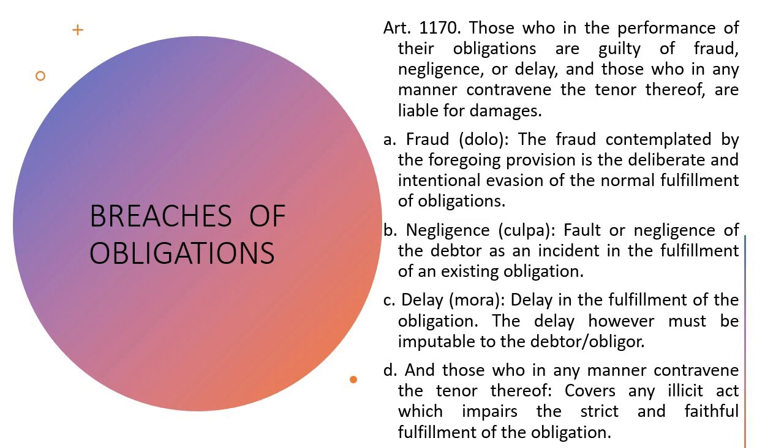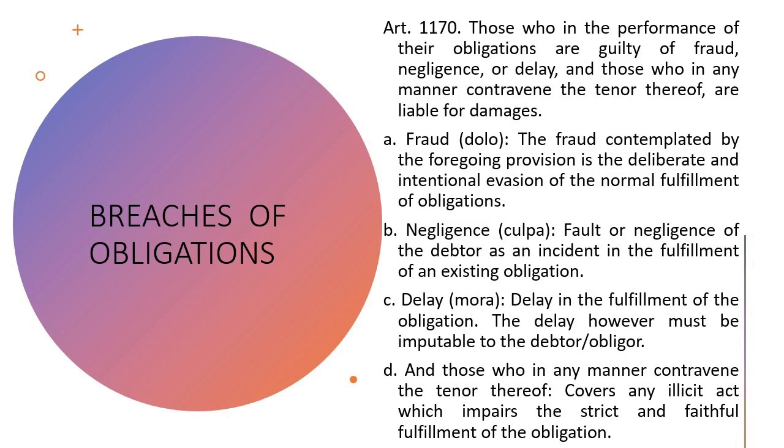A. Fraud or dolo. The fraud contemplated by the foregoing provision is the deliberate and intentional evasion of the normal fulfillment of obligations. B. Negligence or culpa. Fault or negligence of the debtor as an incident in the fulfillment of an existing obligation.